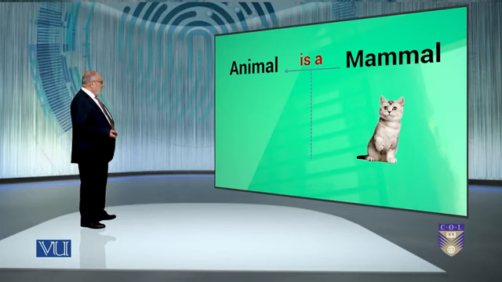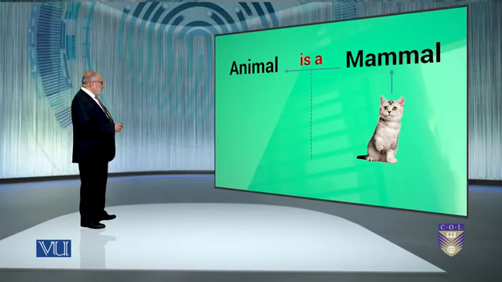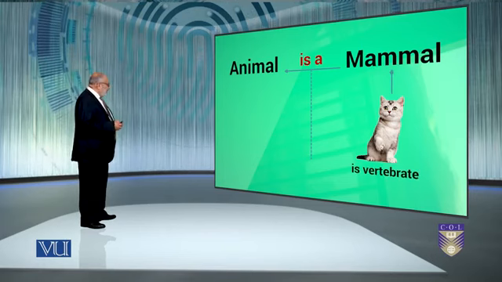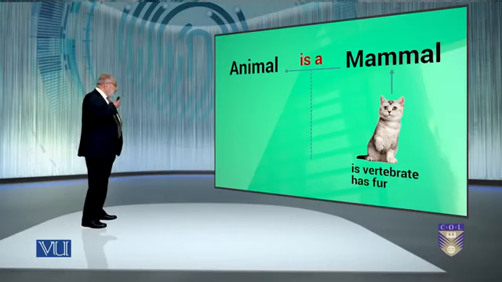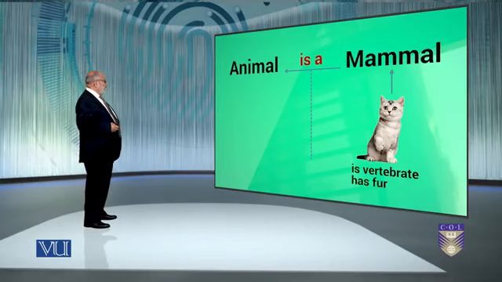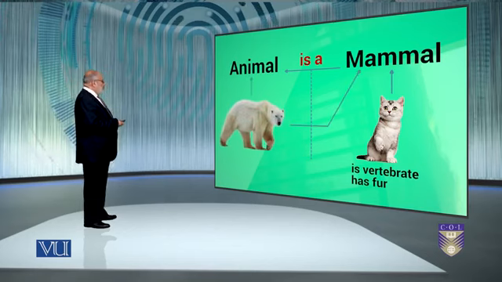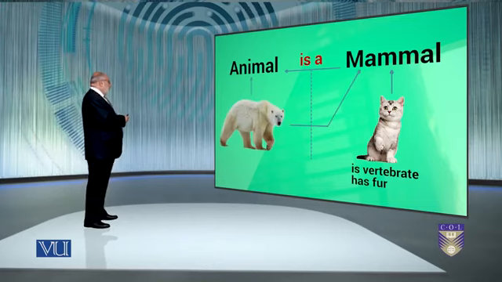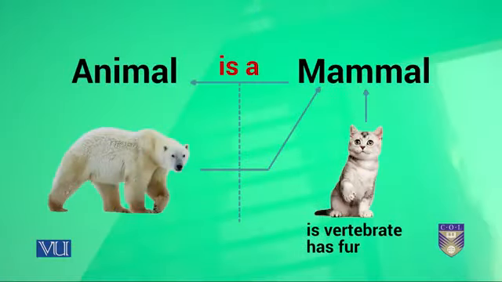So a cat is an animal. It is vertebrate. It has a fur, which is the coat of the animal. And then you can say, all right, there's a bear, which is also a mammal. It is also an animal, and so forth. So these semantic graphs, or semantic networks rather, they are used to represent relationships between objects.